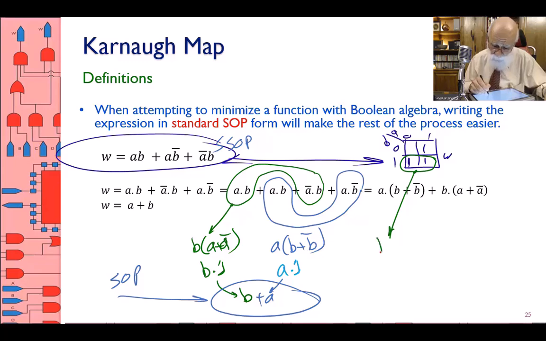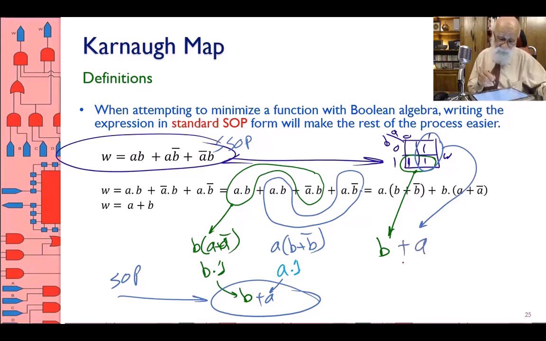Well, there is only B. And then I do the same thing. Are there other adjacent ones that I can map? Yes, there are two adjacent ones over here. Then you say, wait a minute, you have already mapped that one on the bottom right-hand side. I said, no problem. I can map a one as many times as I want, the same way I can write AB as many times as I want. And then this one is written as A.